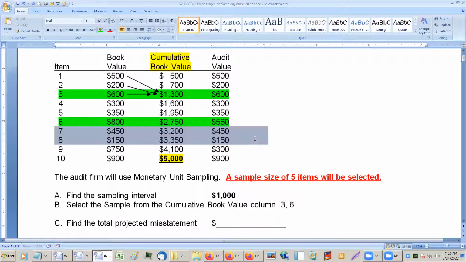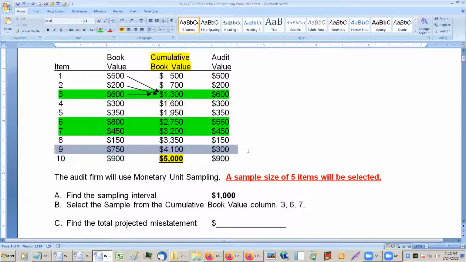Yep. $4,000. 9. Yep. And 5,000 is 10. Yep.